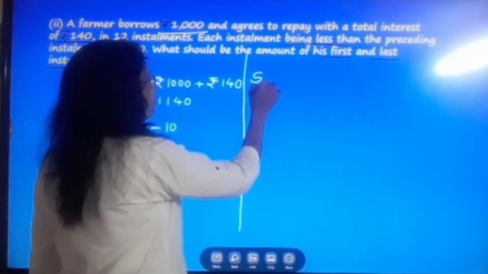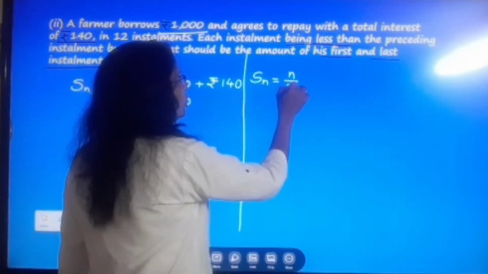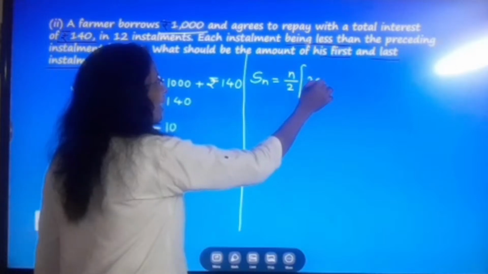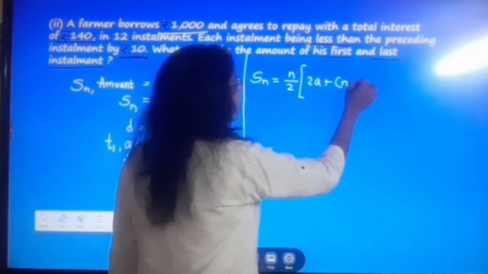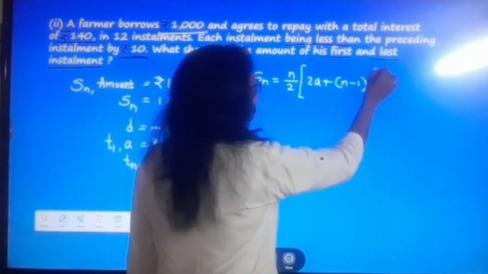The SN formula is n upon 2 times (2a plus (n minus 1) in the bracket d).